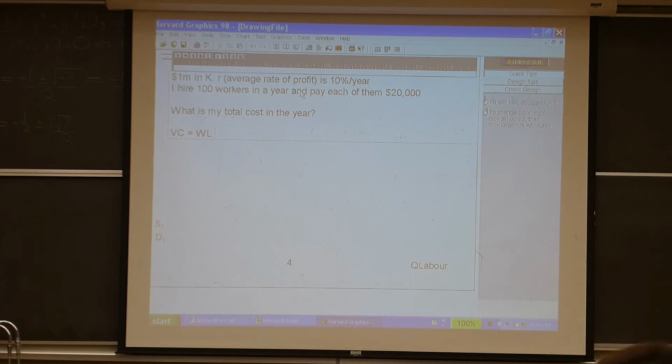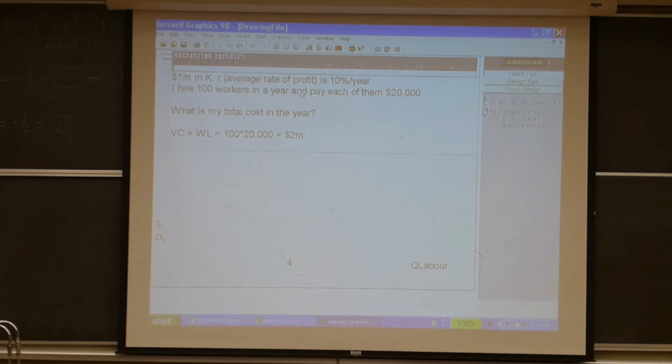The total cost of the variable bit is the wage rate times the labor, which in this case is 100 times 20,000, which is $2 million. I spend $2 million in a year. That's not difficult. I just figure out how many workers I hired and how much it costs to hire each worker.